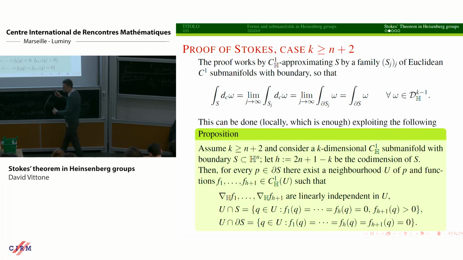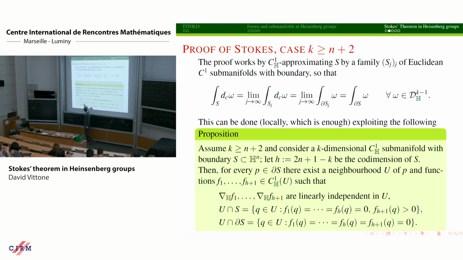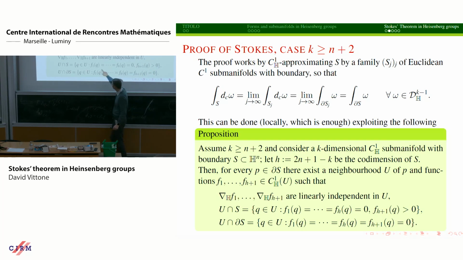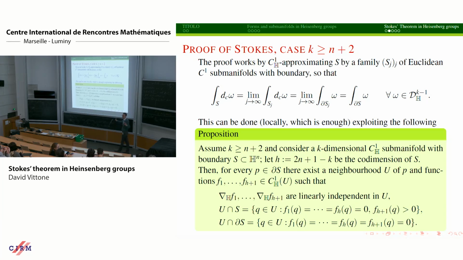Then you approximate the submanifolds by simply taking the zero level set and the upper level set of f1 epsilon, ..., fh epsilon, and so on. In this way, you produce what you need.